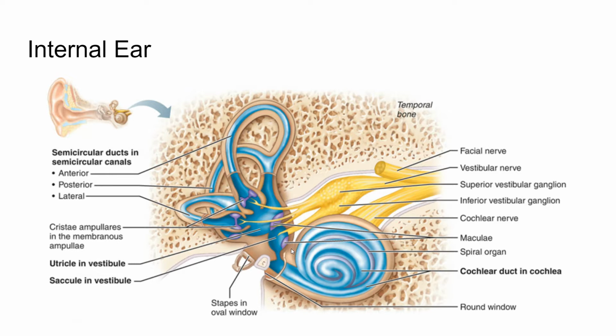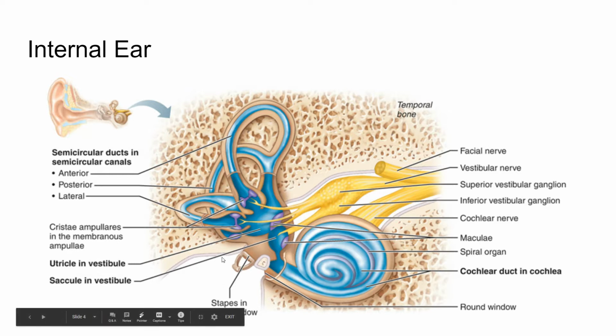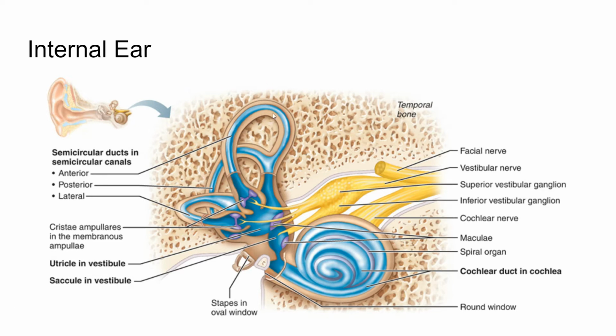The semicircular canals, there are three of them, and they face three different directions. This one is vertical, this one is lying on its side, or lateral, and then there's a diagonal one here. They can detect rotational movements of the head, which allows you to keep upright and know which way is up, essentially.